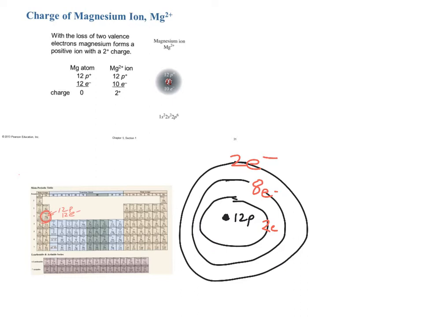So in its valence shell, because the valence shell is always the outermost energy level, magnesium has 2 valence electrons.